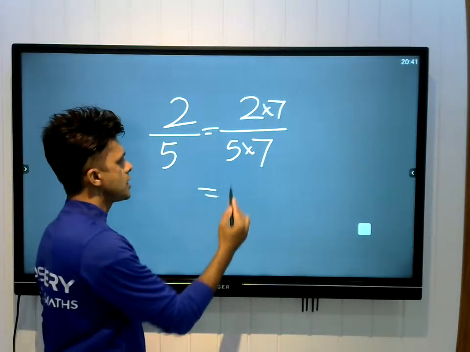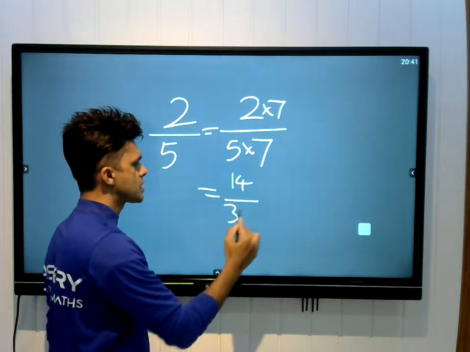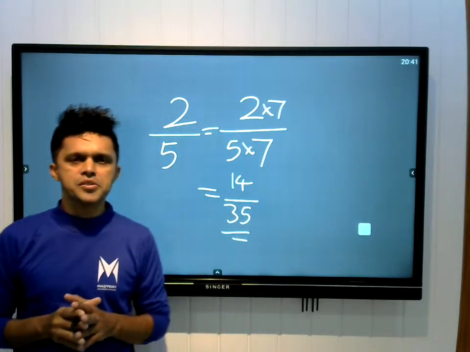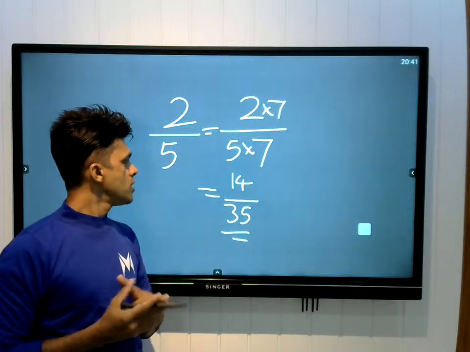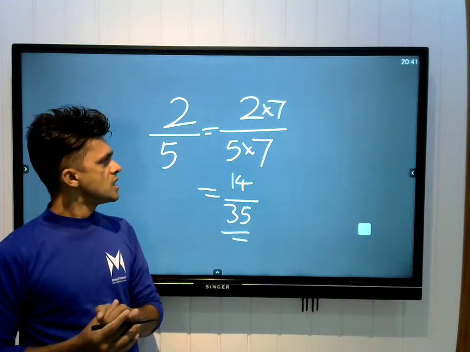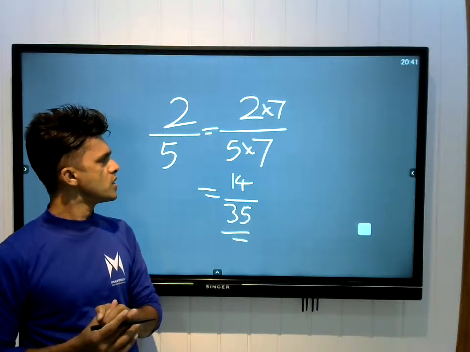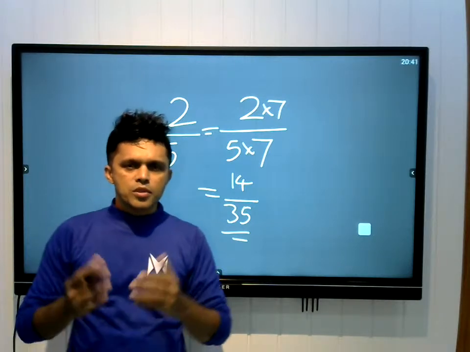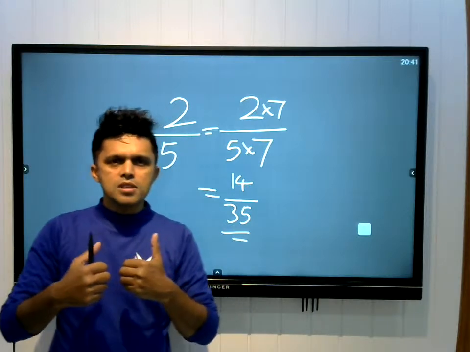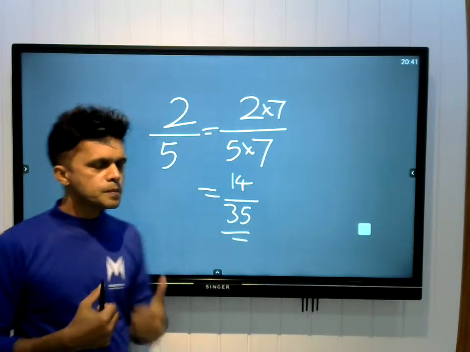So 2 times 7 is 14. 5 times 7 is 35. So we wrote an equivalent fraction to 2/5, which means 14/35. Okay, so now you understood. I think you remembered about equivalent fractions.